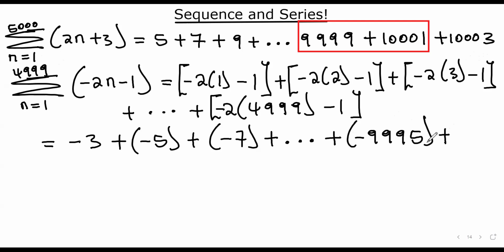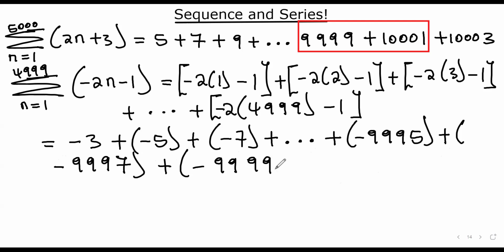Then we substitute 4998 there, and we simply get -9997. And when we substitute our 4999 there, well, we simply get -9999. That is our last term.